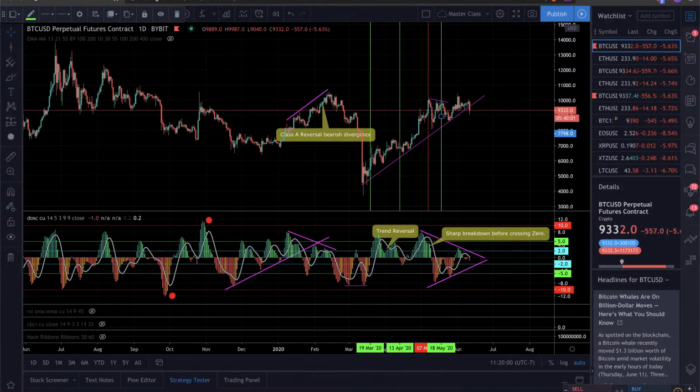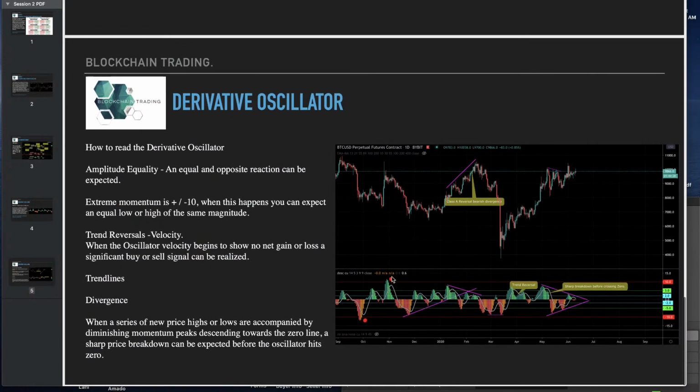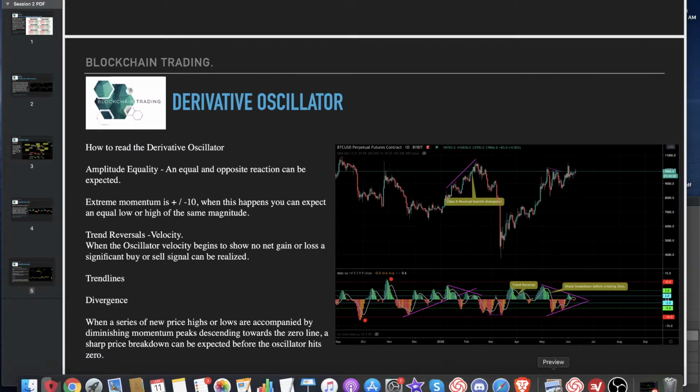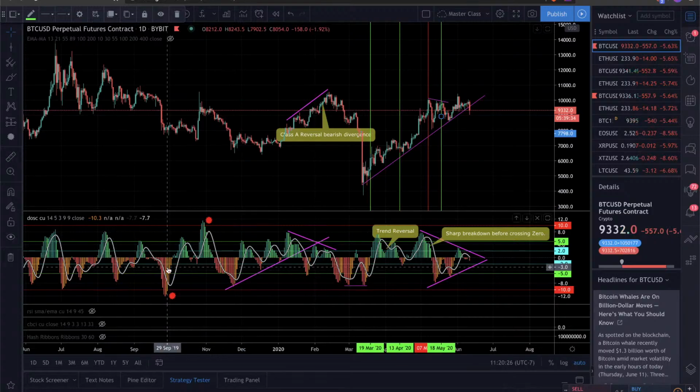So going back to the slides, we go into a little bit of specifics here. There's something called amplitude equality. An equal and opposite reaction can be expected throughout the moves of the derivative oscillator. Extreme momentum is plus or minus 10. When this normally happens, you can expect an equal low or an equal high of the same magnitude to get set in place. What I mean by that is right here.